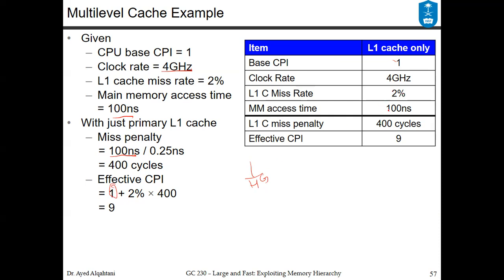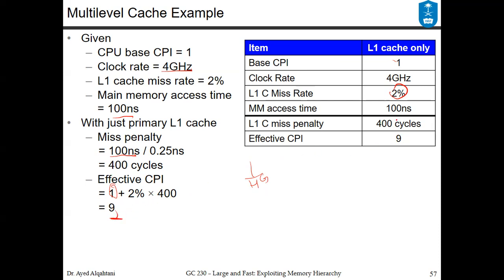We have a miss only 2% of the time, so it's 2% times the miss penalty. Notice that the miss rate always goes with the miss penalty; they are multiplied by each other. So 2% times 400, and then you add 1 to that, and you have the effective CPI equal to 9.